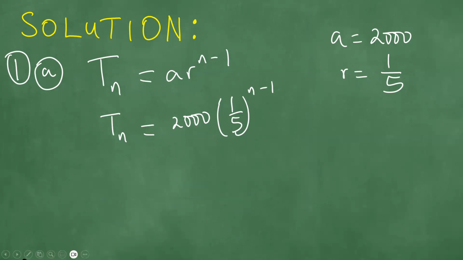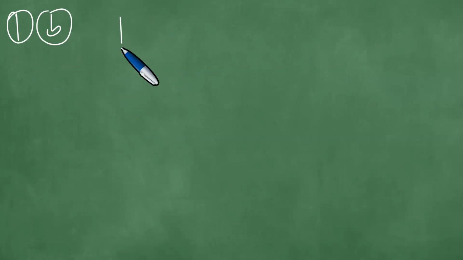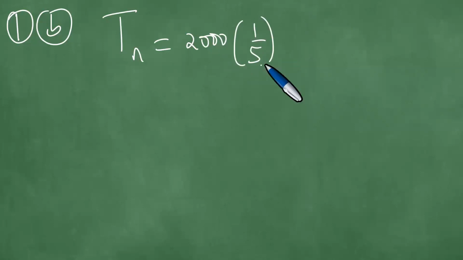Next question, 1B. T7. So you know that Tn is exactly 2000 times (1/5) to the n minus 1.